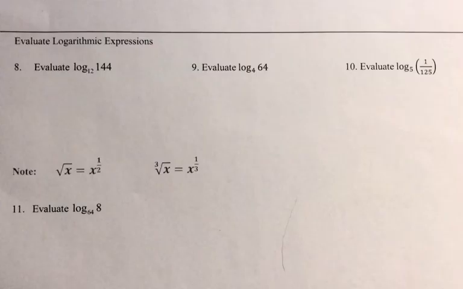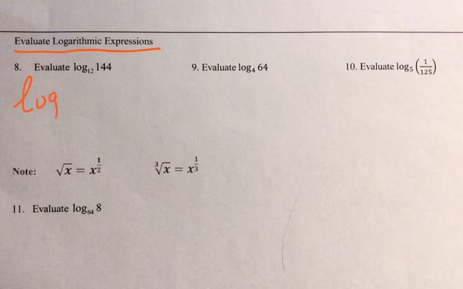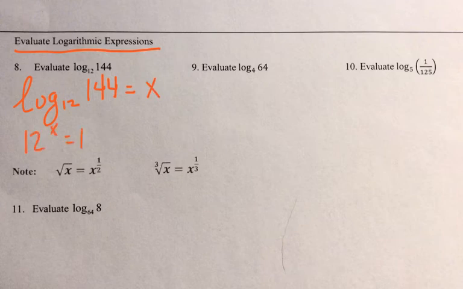So when we are asked to evaluate logarithmic expressions, we think, okay, well, log base 12 of 144 equals what? Well, that's saying 12 to the what power equals 144, so x has to equal 2, because 12 to the second power, or 12 squared, equals 144.